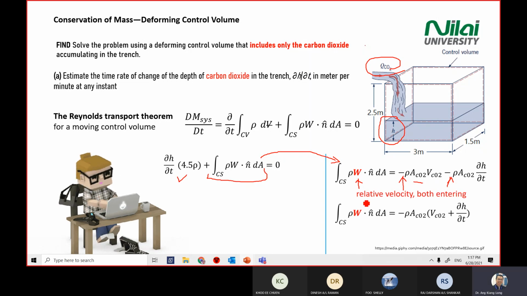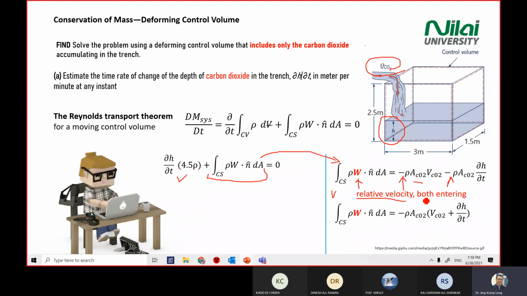So we are looking at relative velocity here. We're looking at relative velocity rather than the V. In this case, we look at W. Okay. So relative is negative for the top one going in, and also the H is actually negative also.